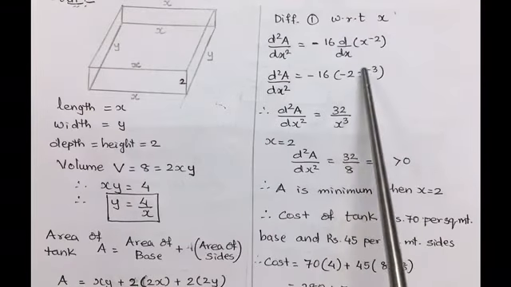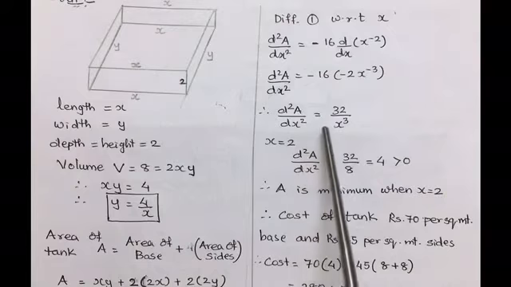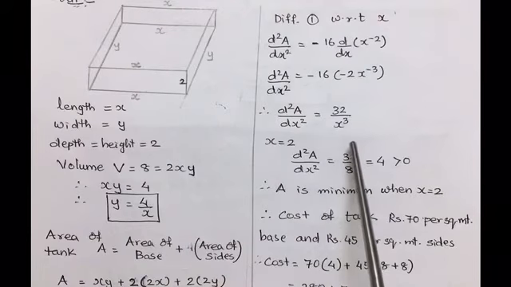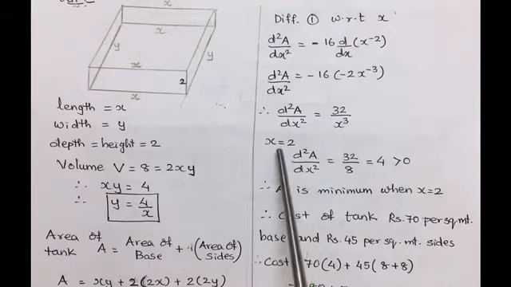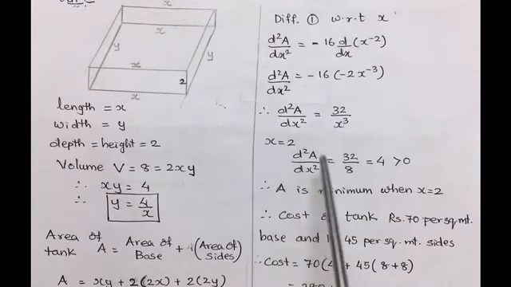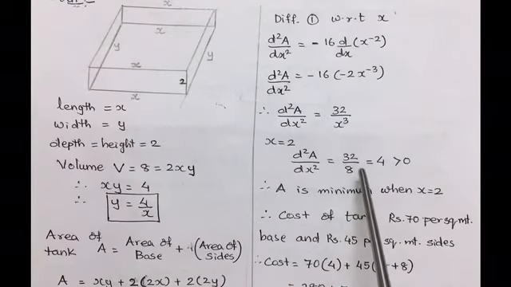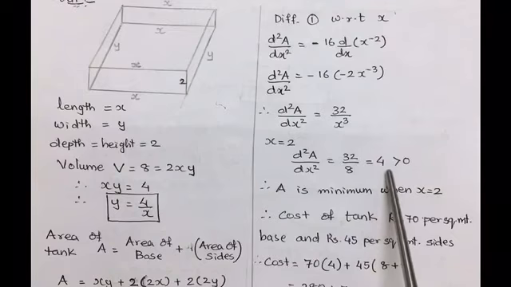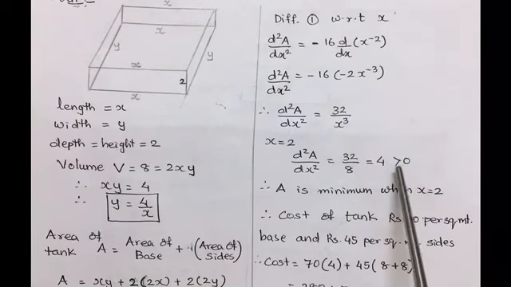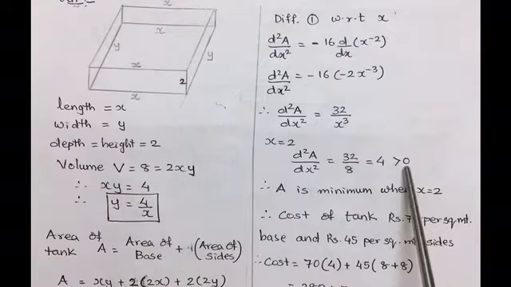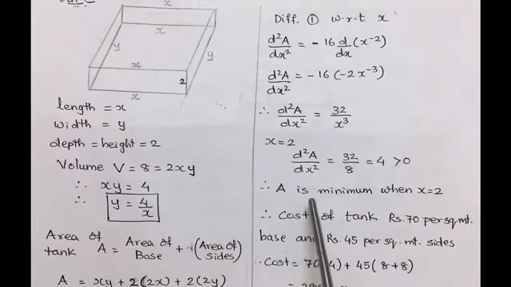Differentiating it and multiplying, we get d square A upon dx square is equal to 32 by x cube. Substituting x value as 2, we get 32 upon 8. Cancellation gives us 4, so it is positive, greater than 0. Therefore, area is minimum when x is equal to 2.